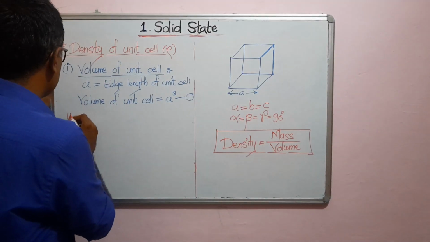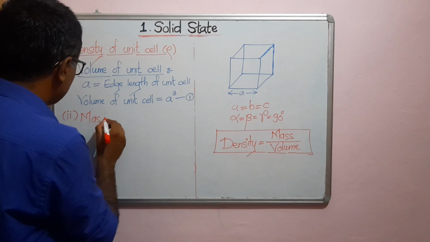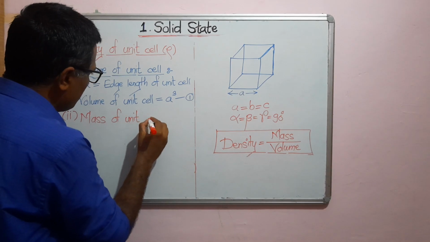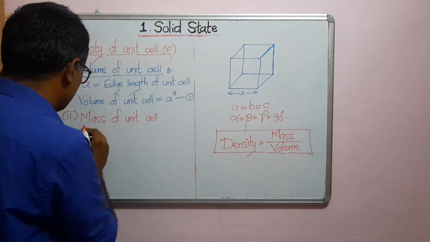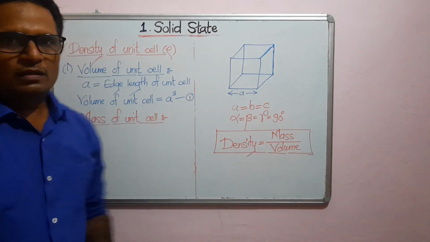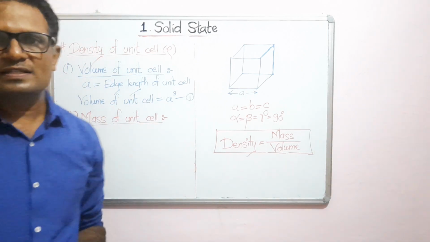Then you have the second step, and that is the mass of unit cell. Before I proceed to the mass of unit cell, let me give an example.